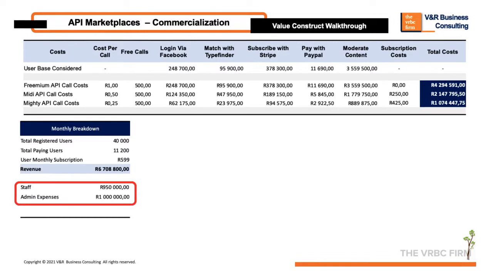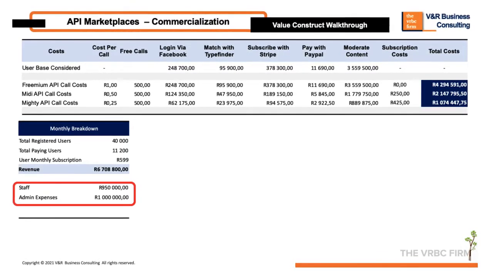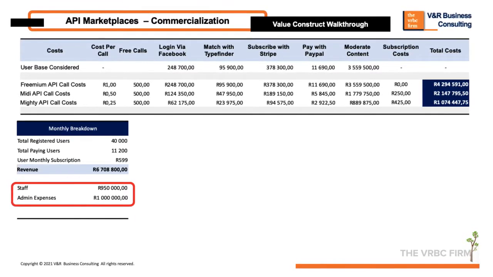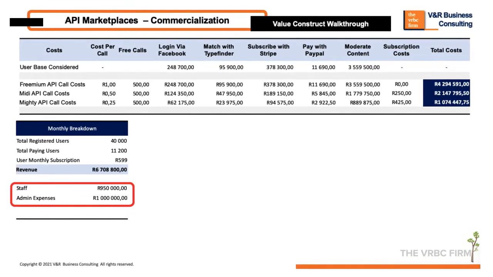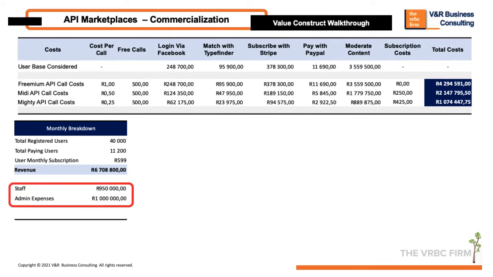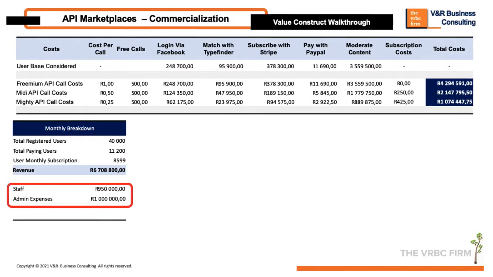So if we just thumbsuck some staff expenses, say a handful of developers and analytics practitioners, digital marketing specialists and a few admin staff, as well as admin expenses such as digital targeted advertising, influencer marketing, digital banners and so forth, we end up with the costs depicted per month.